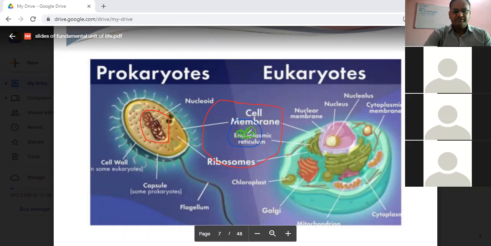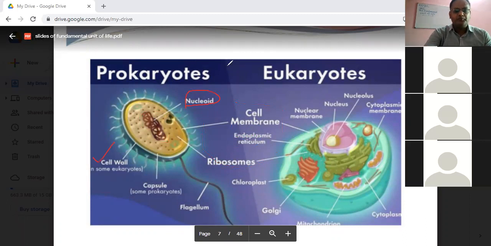But in case of the prokaryote, the genetic material is not surrounded by the nuclear membrane. It is freely present in the cytoplasm, and hence this nucleus is called the nucleoid. As you can see in this image, this is called the nucleoid. Cell wall, definitely, surrounds the plasma membrane, and this is the capsule found in some prokaryotes.